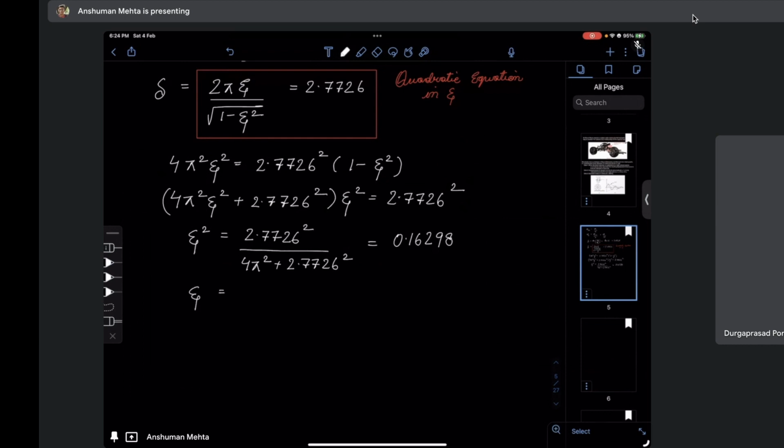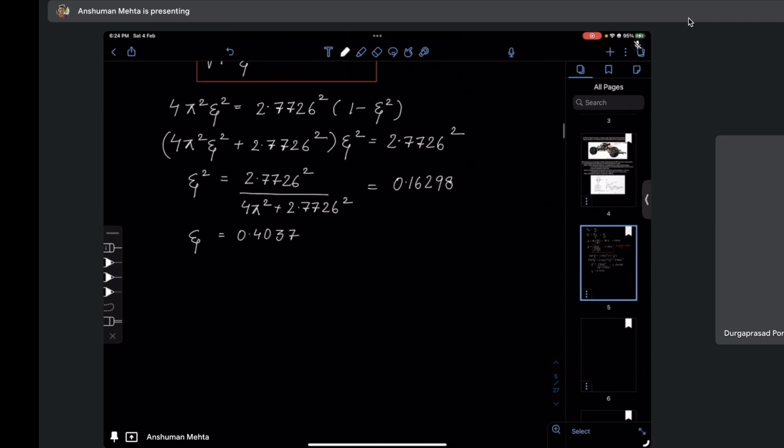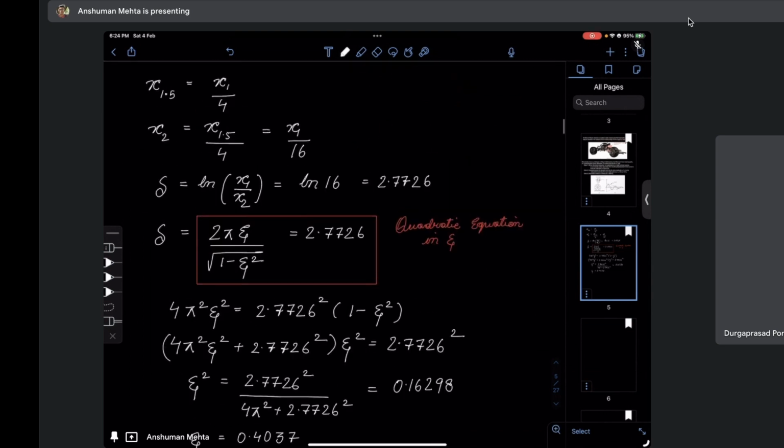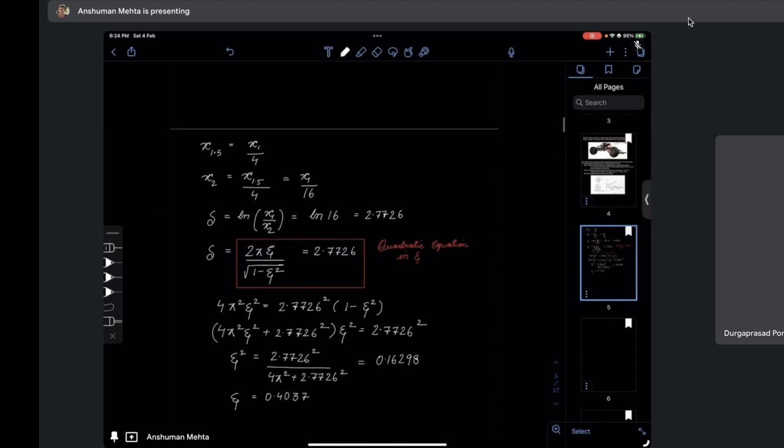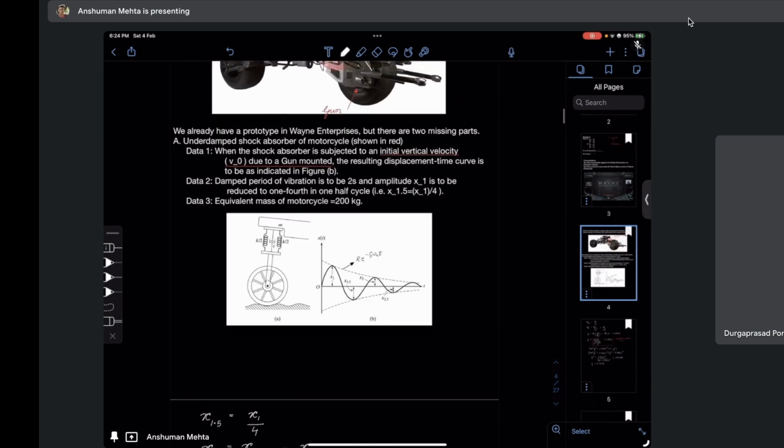Now zeta is equal to 0.4037, which my calculator gave. By taking under root, there will be plus and minus value, but we will be taking the positive value. Okay, so what does this give us, the damping coefficient.